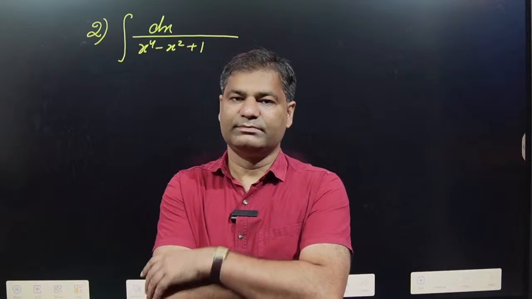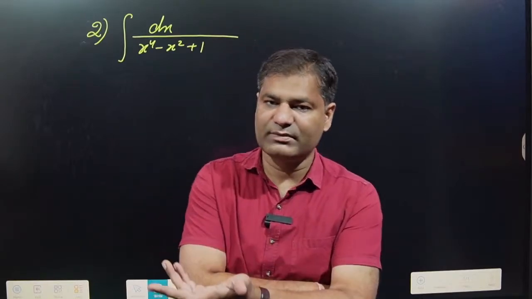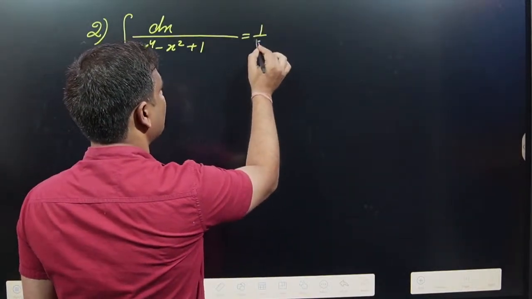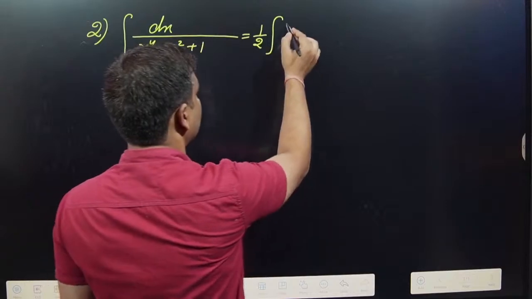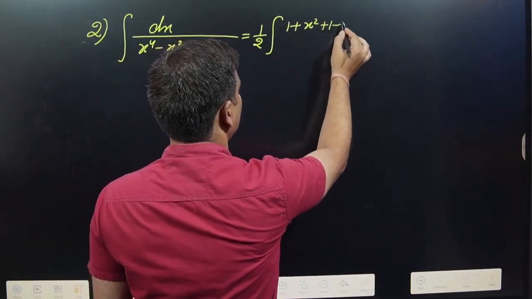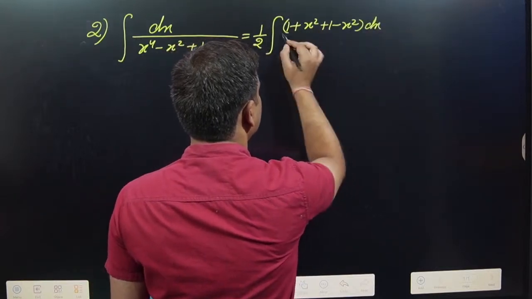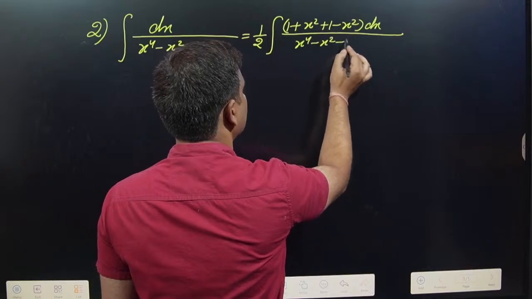Simply, once again, in the numerator x square is not available, so we multiply and divide by 2, and here add 1 plus x square and subtract 1 minus x square, divided by x to the power 4 minus x square plus 1.